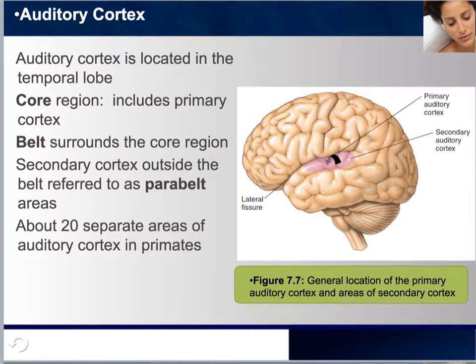Recent progress in the study of human auditory cortex has resulted from the convergence of functional brain imaging techniques, meaning fMRI in humans, and invasive neural recording studies in monkeys. What they've found is about 20 separate areas of auditory cortex in primates.